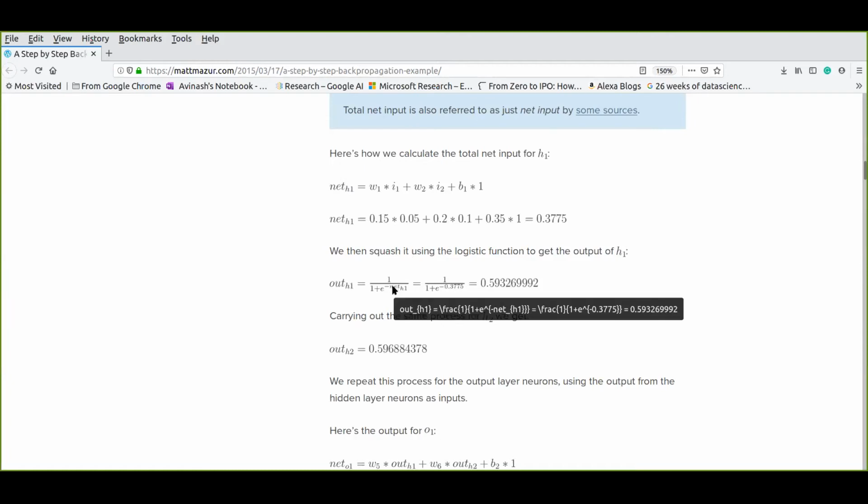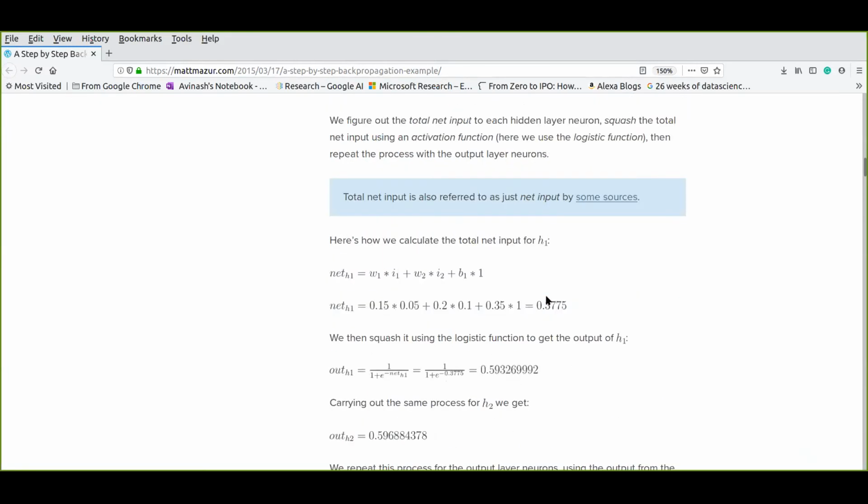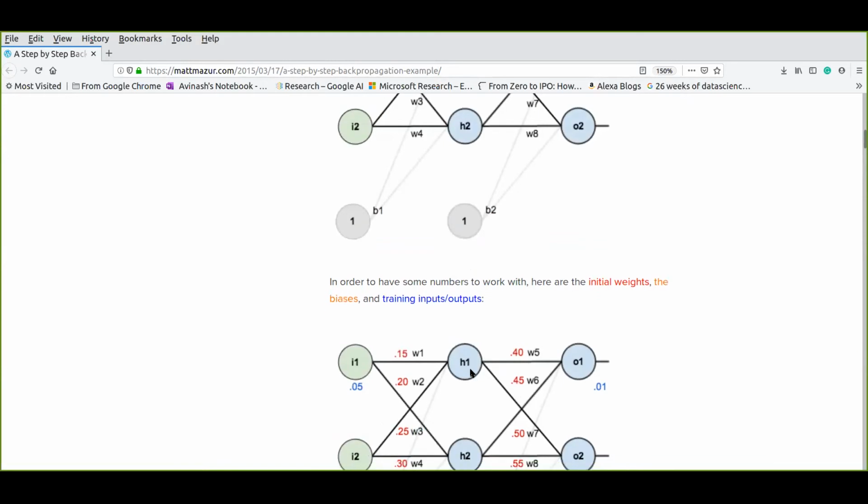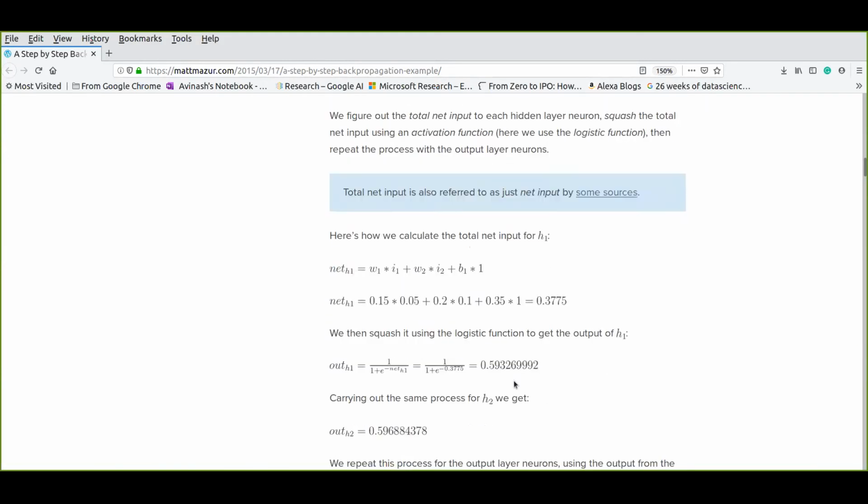Here, x, which is the input to this logistic function, is net H1. So we are going to just place that value here, and we are going to get the output. So this will be the output of H1, which is this. So this hidden neuron is going to generate the output 0.593. And the same thing goes for H2 as well.